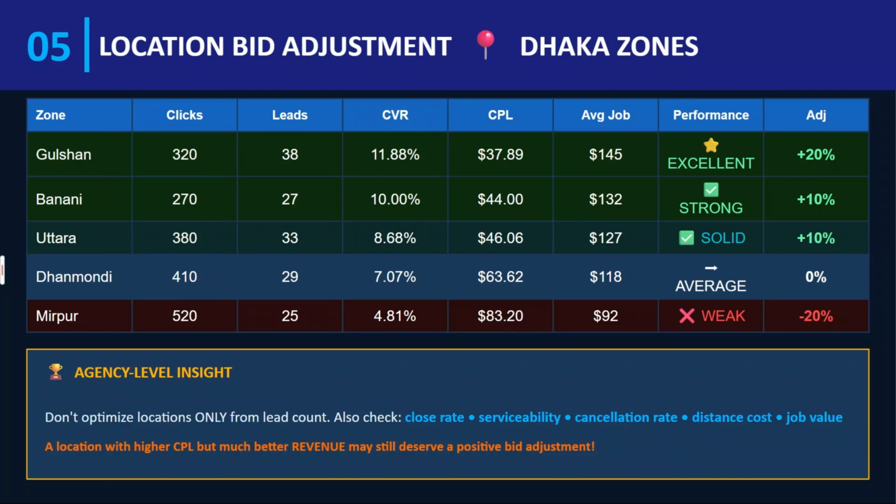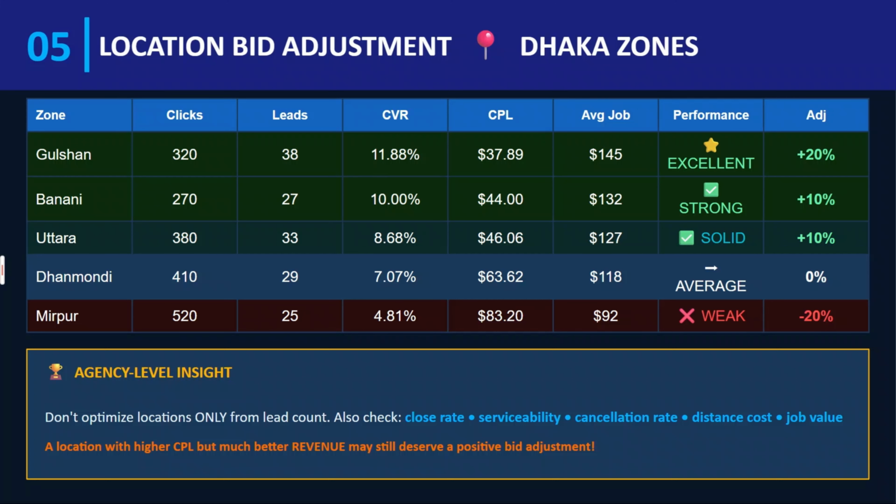Cost per lead is only $37.89, and the average job value is $155. This is excellent. In Banani: 270 clicks, 27 leads, conversion rate 10%, and cost per lead $44, and the job value is only $92.